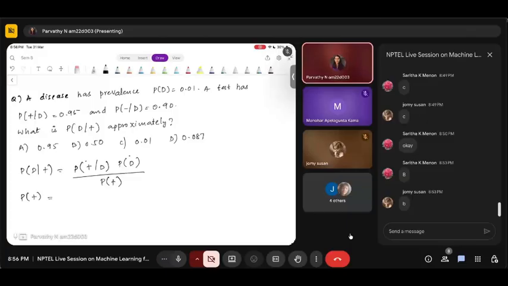This is given by P of plus given D into P of D, plus P of plus given not D into P of not D. So P of plus given D is 0.95, P of D is 0.01. Now what is P of plus given not D?